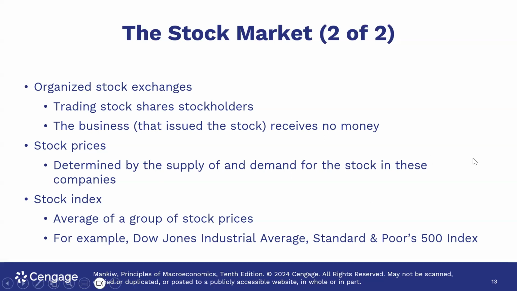The stock index is an average of a group of stock prices. For example, the Dow Jones Industrial Average, the Standard & Poor's 500 index. The stock index normally has two uses. One is to provide a way for the ordinary investor to invest. Sometimes ordinary or individual investors have difficulty selecting a good stock. They don't know which company to choose.